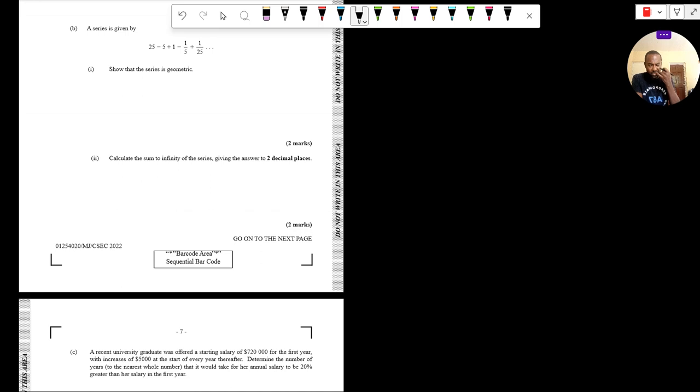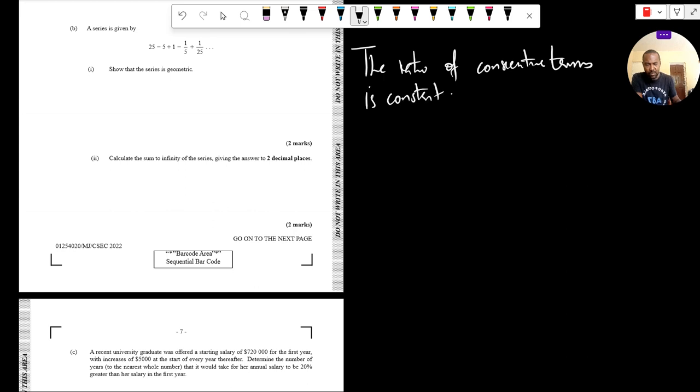A geometric series is defined as one in which the ratio of consecutive terms is constant. So for a geometric series, the ratio of consecutive terms is constant. What exactly does this mean?